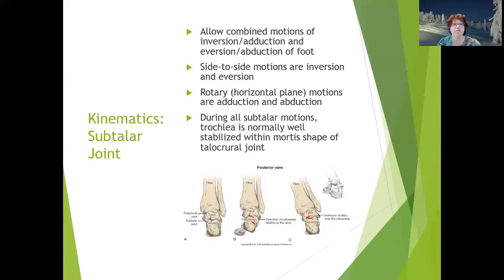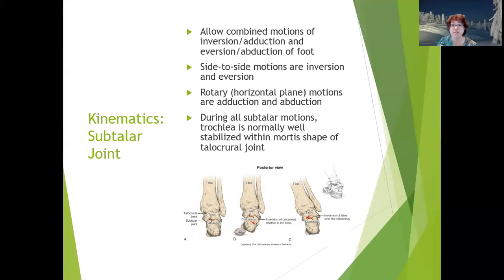The subtalar joint, the two motions that it allows are inversion adduction and eversion abduction of the foot. So it's that combination of movements. The horizontal plane movements are ab and adduction. The frontal plane movements are inversion and eversion.